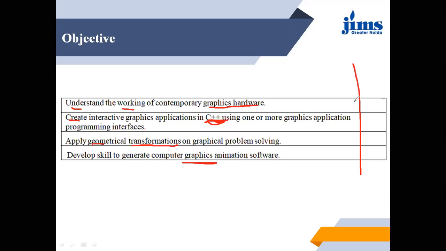Then in the last we will discuss the generation of animations, as computer graphics is used everywhere in life at each and every step. So this is really a practical subject. We will try to implement this subject using basic knowledge. Now these were the objectives of computer graphics.